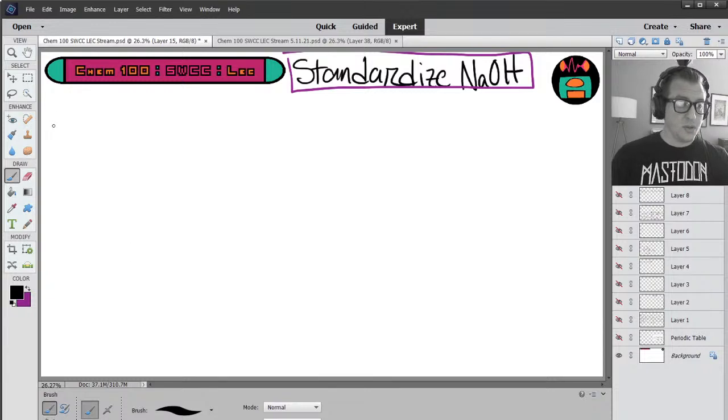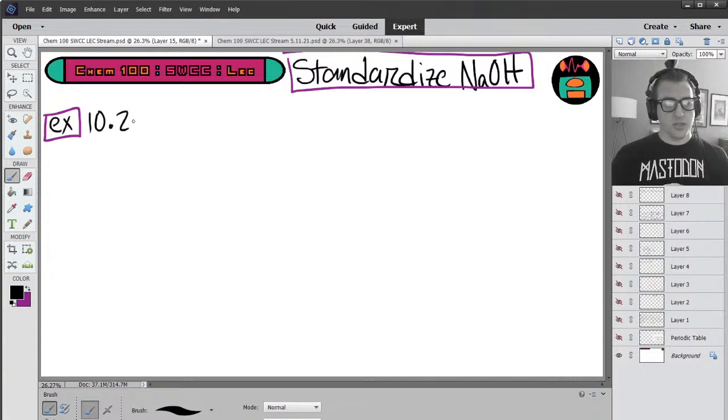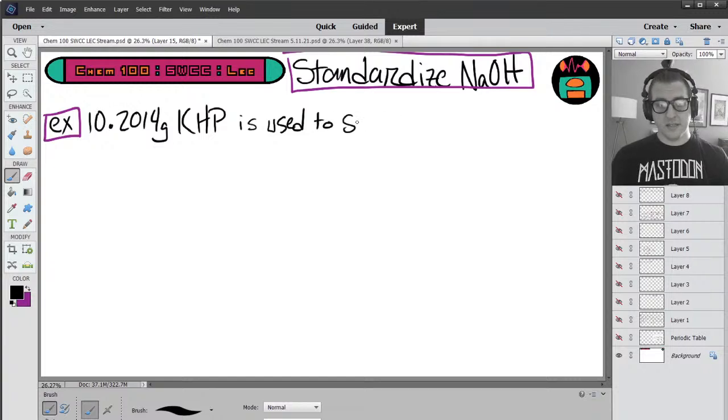So let's do an example. All right, so for example, 10.2014 grams of KHP is used to standardize a solution of sodium hydroxide.